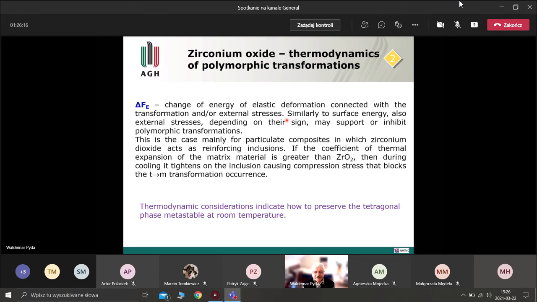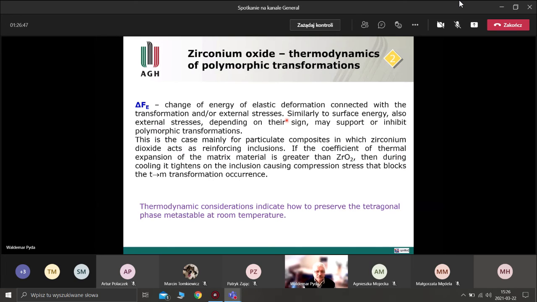When the polymorphs of zirconia were characterized, I don't remember who, but your colleague said that during the tetragonal to monoclinic transformation, an increase in the volume of the monoclinic phase appears.